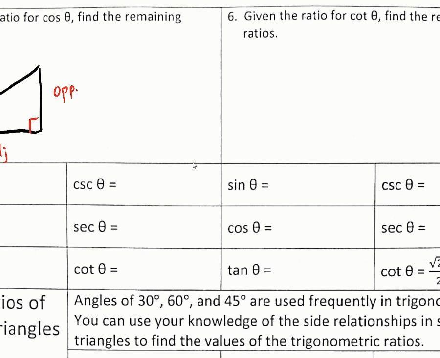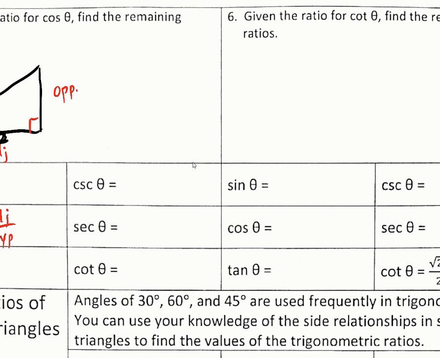Adjacent over hypotenuse. And why would I do that? Guys, what is the adjacent? The adjacent is 2. And what's the hypotenuse? It's 3. So, what do I do to find the opposite?